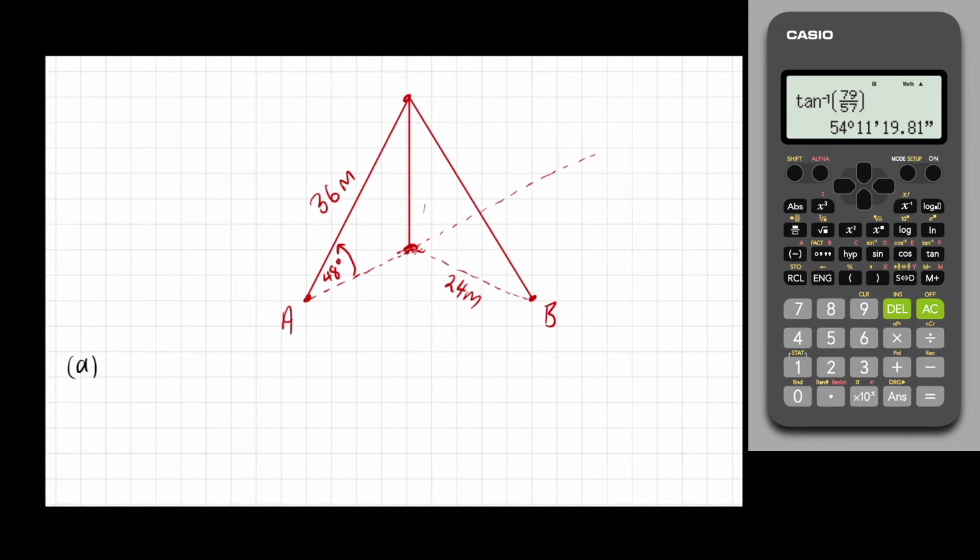Now, part A of the actual problem, so all we've done is just draw the picture. Part A says find the height, correct to 3 decimal places, of the mast. Okay, so that is the pole.